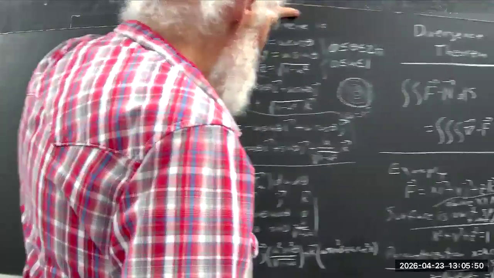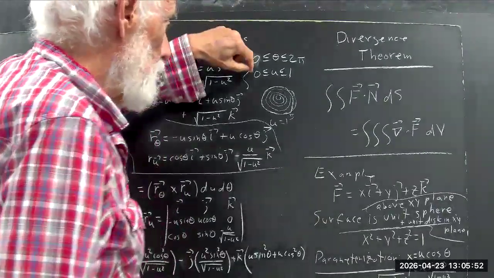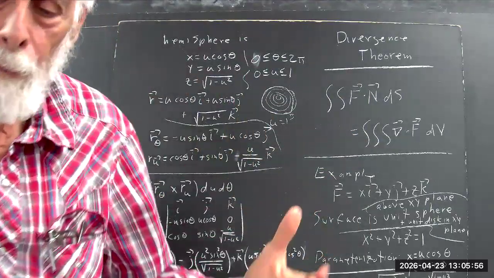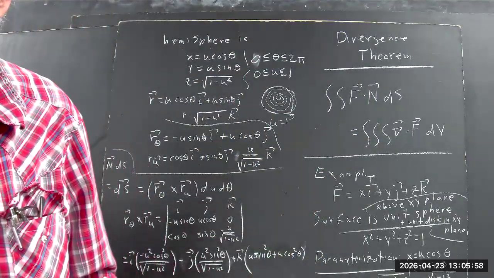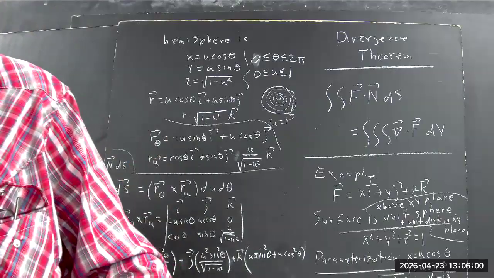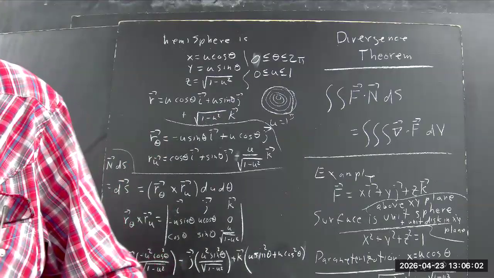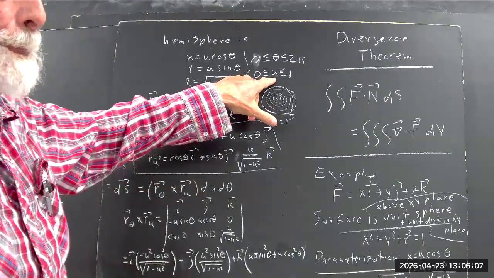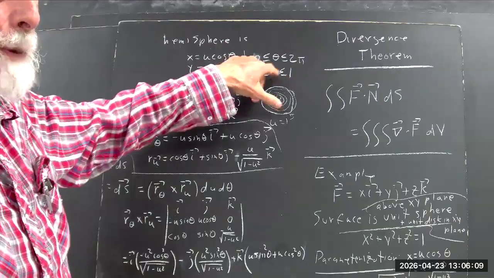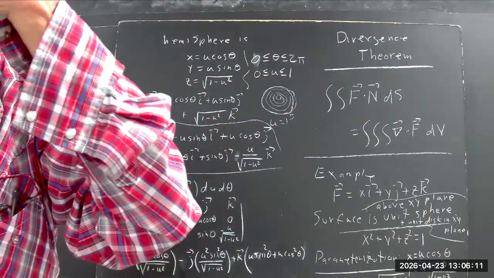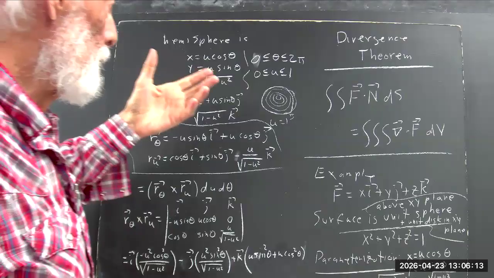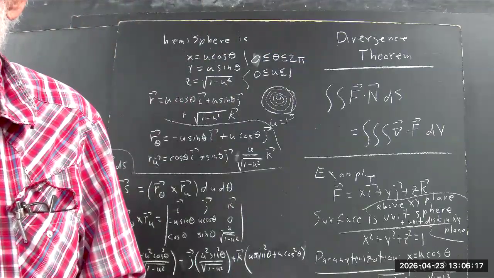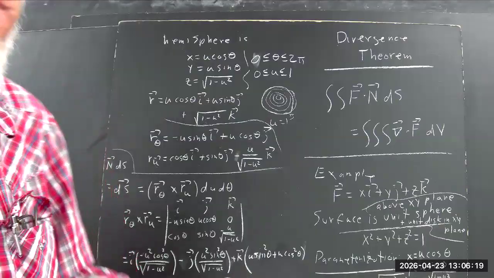So let's go back and look at it. Okay, u goes from 0 to 1, theta goes from 0 to 2 pi. So if you're subdividing this into u theta rectangles, u has no dependence on theta, and theta has no dependence on u. So the limits on this integral are very simple. This is just a rectangle in u theta space.